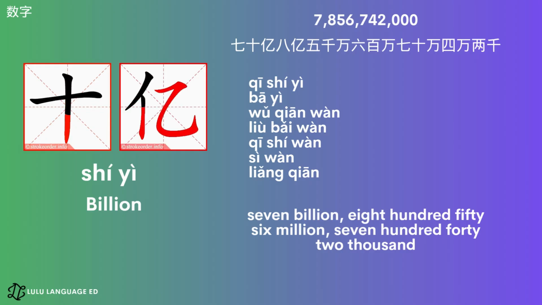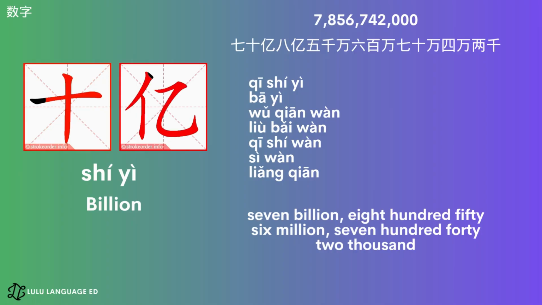Now, if you have noticed, a while ago, for the repeating words, one, we just leave the one for the 10,000. And since billion and 100 millions have the same ending, we just leave the 100 million and remove the one for billion. So the native speaker would just say 78亿5674万2,000.